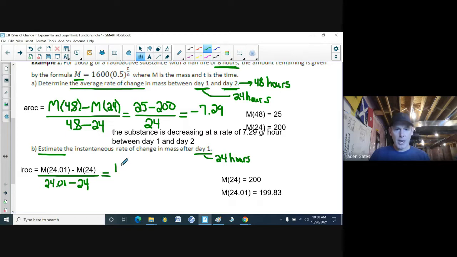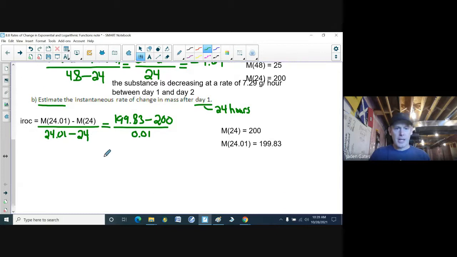So I have my 199.83, subtract 200. And down the bottom, 24.01 minus 24, we're down to 0.01. I do a little bit of math here, take my 199.83, subtract my 200, and then divide it by 0.01, and I end up with minus 17.